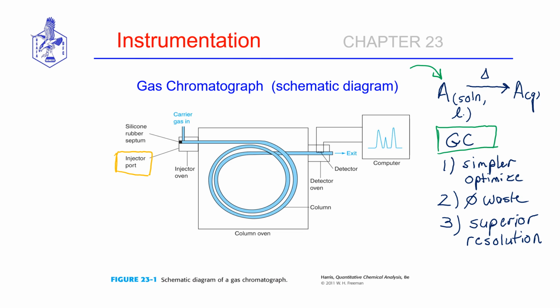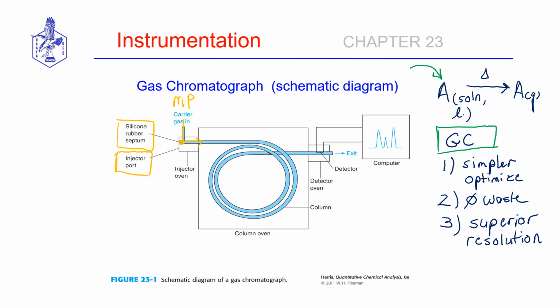We drop a very small volume and inject it in a liquid or solution phase. You can do direct injection of a gas as well. That sample gets introduced, the needle penetrates a rubber septum, makes a seal, and then we have to introduce our mobile phase, our carrier gas, which is going to sweep whatever's in the sample onto a column.